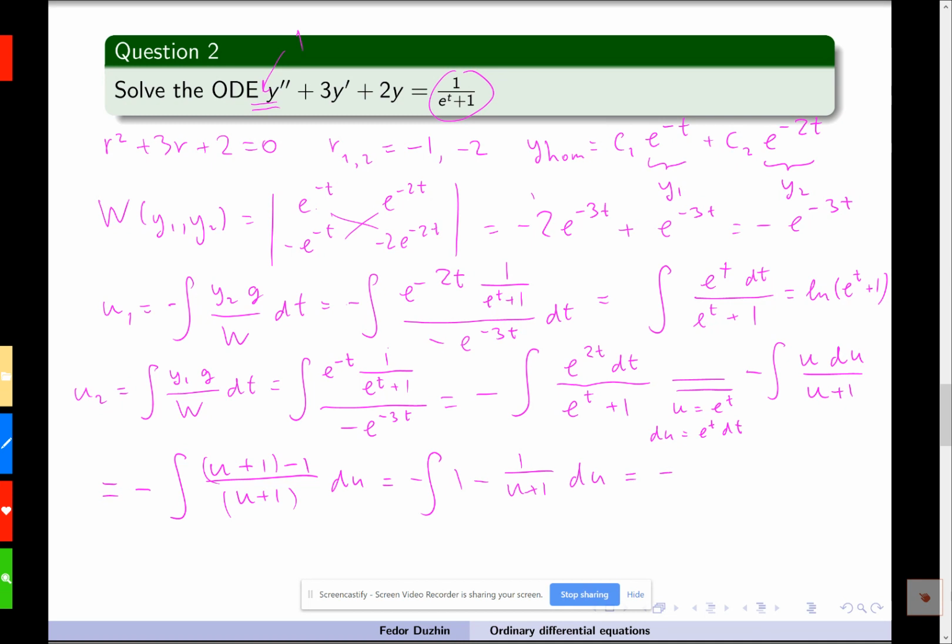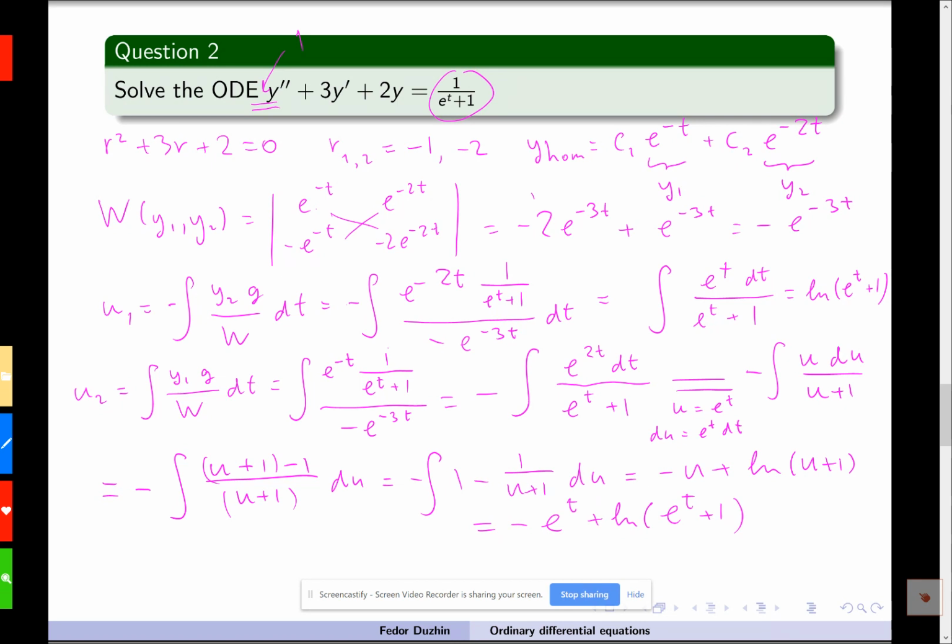So this is minus u plus logarithm of u plus 1. Strictly speaking, absolute value, but u is positive, and so is u plus 1. So this is minus e to the t plus ln of e to the t plus 1. So this is our u2.